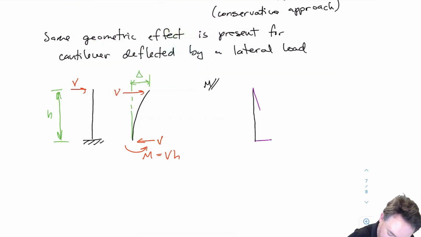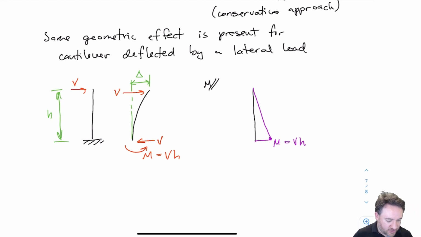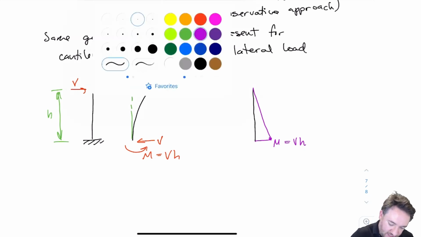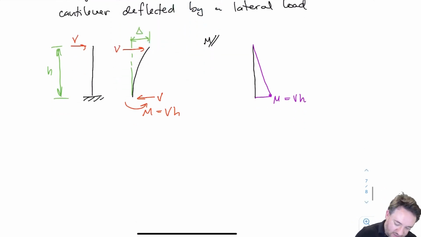So I basically just have a triangle, because at the top I have no moment because it's a free end, and at the bottom I have moment equal to V times H. Okay, so this is just like in the beginning where I started with a moment in the previous case. So I started with a moment here caused by the lateral load V, and now let's say I start with that same condition, I start with that deflected shape, and I add an axial load.